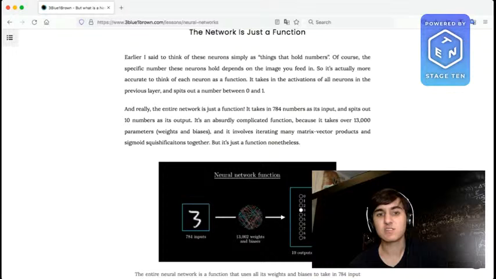And really, the entire network is just a function. It takes 784 numbers as its input and spits out 10 numbers as its output. It's an absurdly complicated function because it takes over 13,000 parameters, weights, and biases, and it involves iterating many matrix vector products and sigmoid squishifications together. But it's just a function nonetheless.